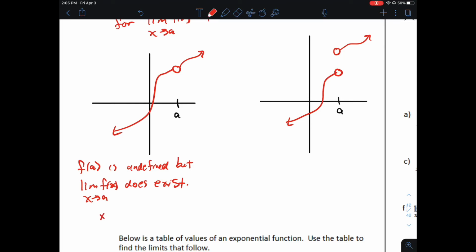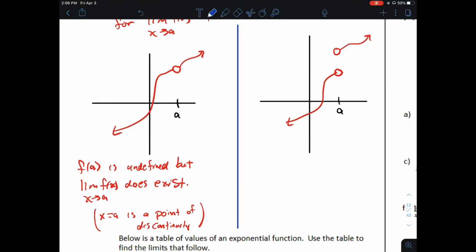By the way, x equals a is a point of discontinuity. Discontinuity is an important concept in calculus.